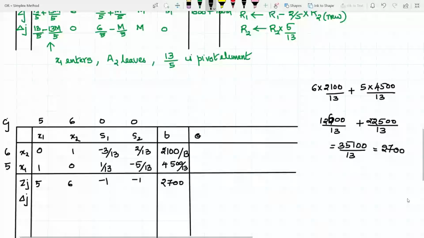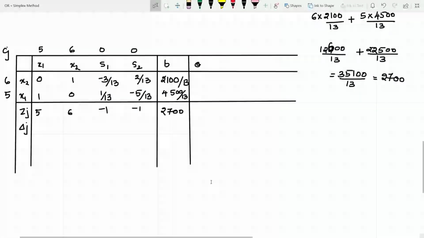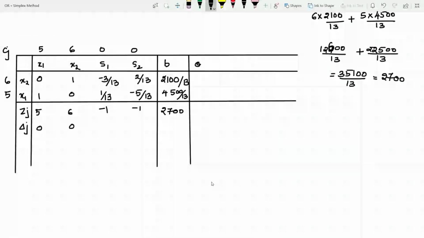Now you can see, find delta J. Delta J: 5 minus 5 is 0, 6 minus 6 is 0, 0 minus of minus 1 is 1. This is also 1. So here, in the minimization problem, all delta J are greater than or equal to 0.